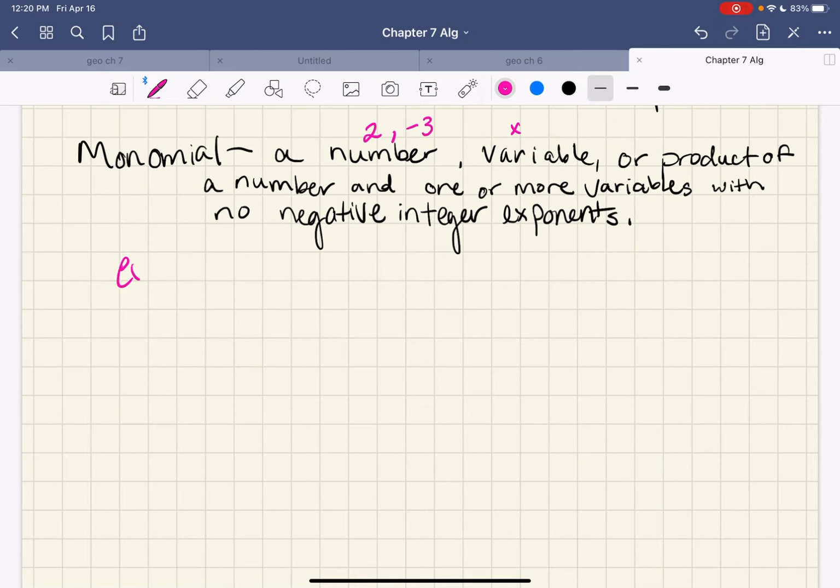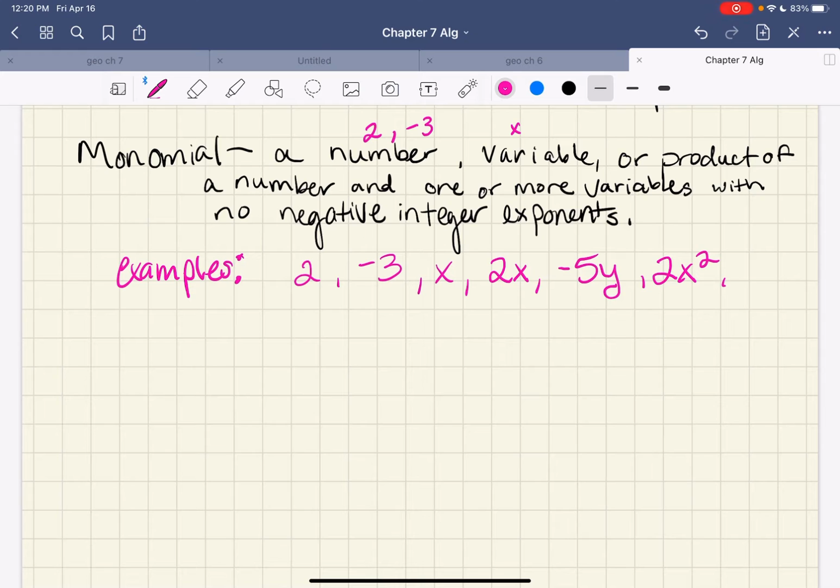That last part is a little bit weird. We're saying these are all monomials: 2, -3, x. You can have 2x, -5y, 2x squared.